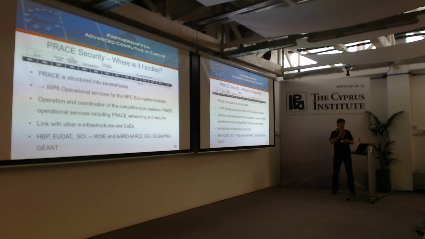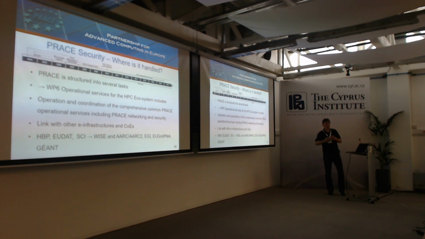For example, your organization has a security policy, and you want to cooperate with others. In PRACE, we have to trust each other. So Jülich needs to know that the Cyprus Institute is also doing good security: they have a security policy, they look into things, they have a security operational team.